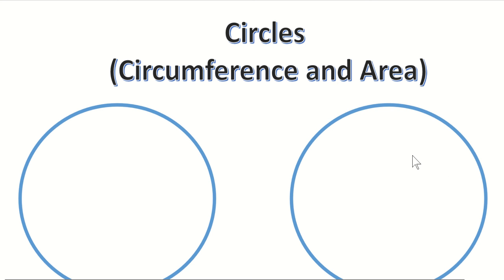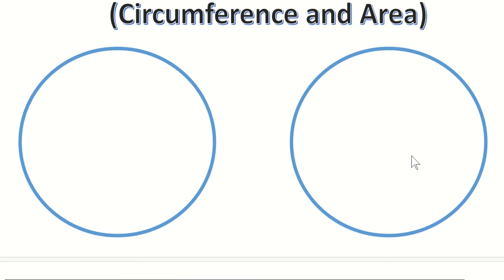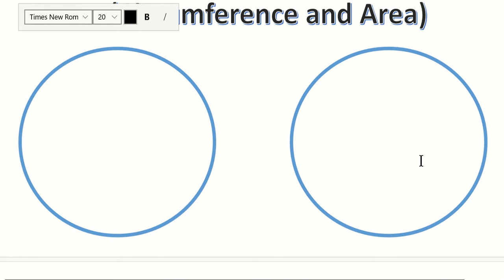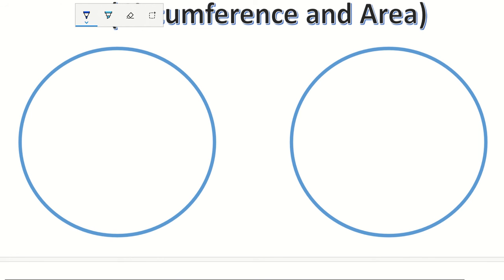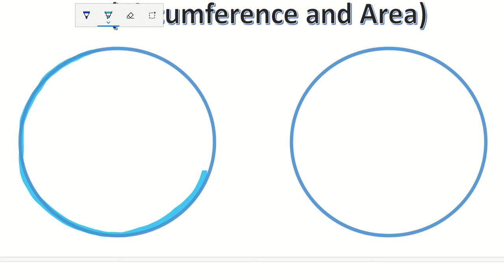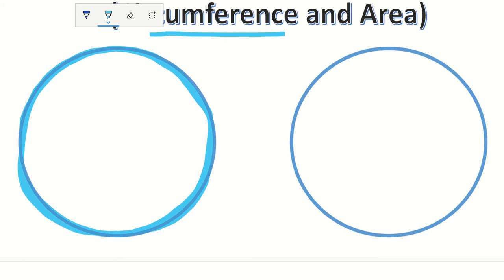So first of all, let's talk about the circle and the different parts of a circle that you need to remember. Remember that the outside of the circle is called the circumference. The measurement of the outside of the circle is called the circumference.